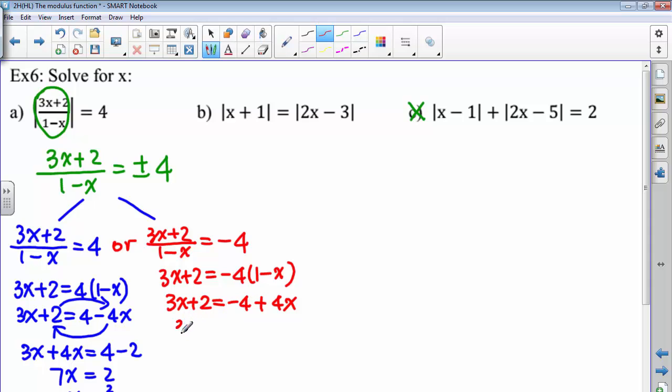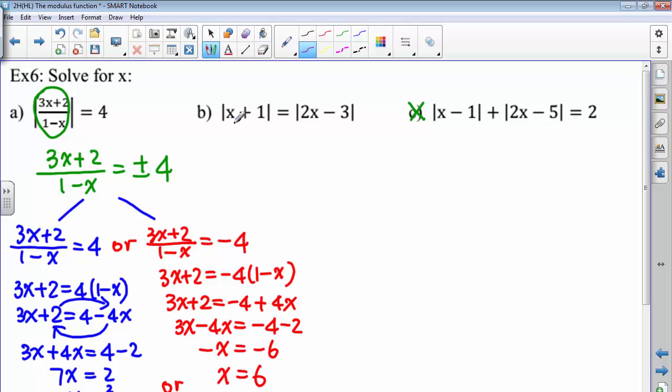So it's 3x minus 4x equals negative 4 minus 2. This one is negative x equals negative 6. Divide both sides by negative 1. x equals 6. So the final solutions of this equation are x equals 2/7 or x equals 6.